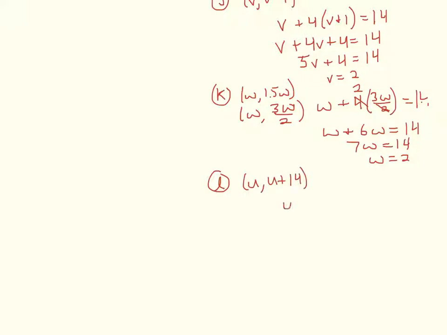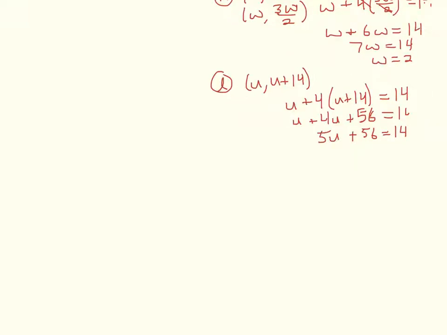And so x, which is u, plus 4 times u plus 14, we want to equal 14. u plus 4u plus 56 is equal to 14. 5u plus 56 is equal to 14. This means that 5u is equal to negative 42 using chunking, or u is equal to negative 42 fifths. And that's the problem.